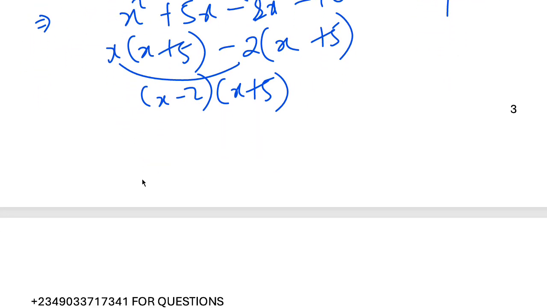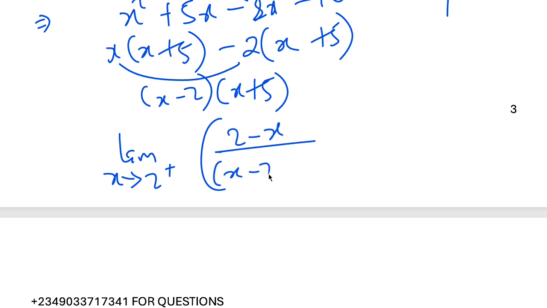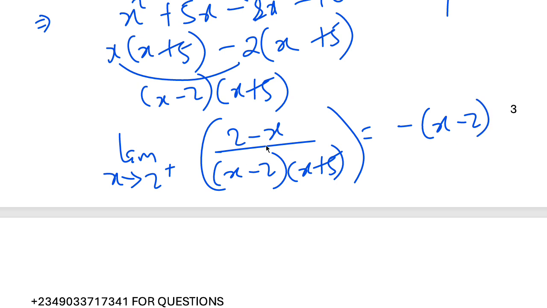Then we have the limit as x tends to 2 from the right of (2 minus x) over (x minus 2)(x plus 5). We can rewrite 2 minus x as negative (x minus 2), a change in sign, so that it conforms to the denominator.